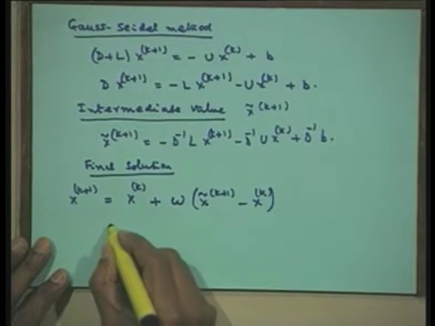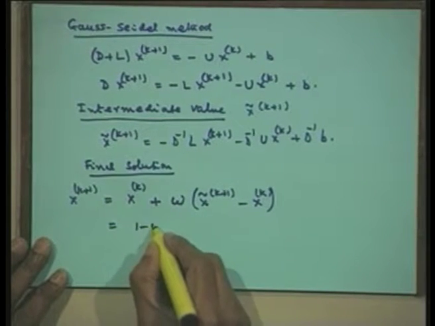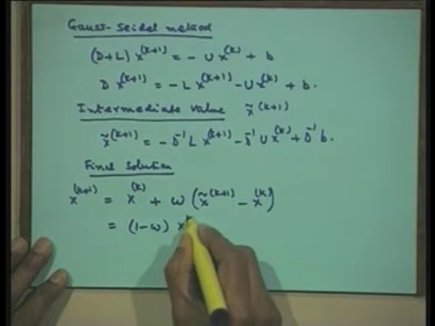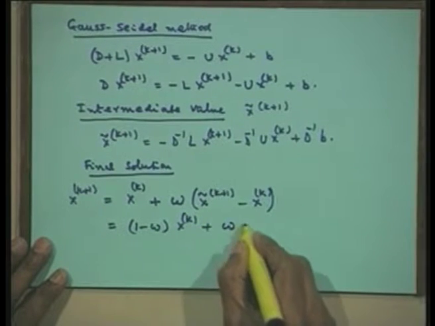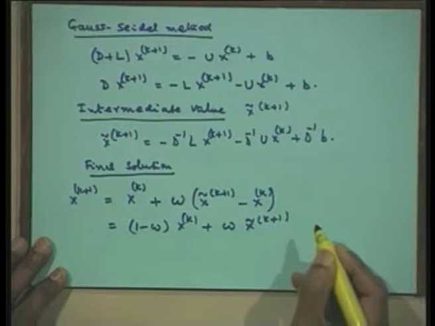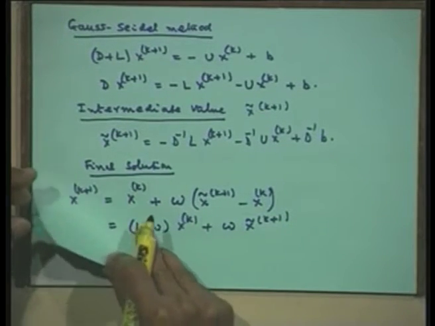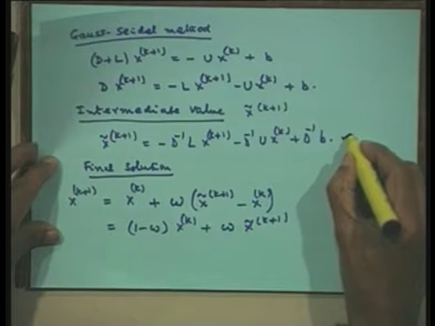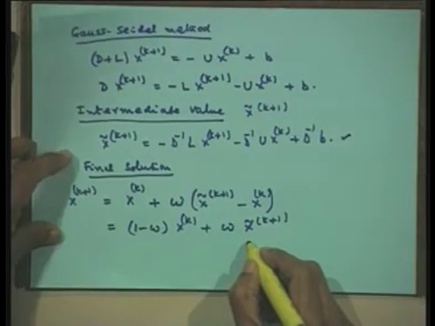I can simplify the right hand side and write it as (1 - omega) x^k + omega x tilde (k+1). Now, I want to simplify this further, therefore, I shall substitute the expression for x tilde (k+1) into this particular equation.